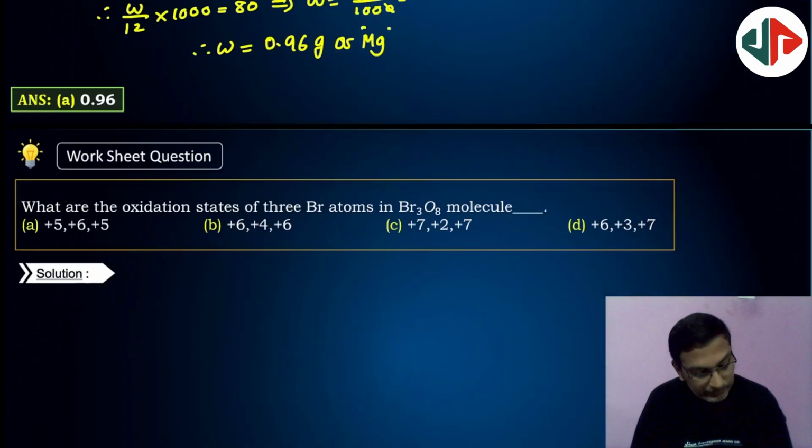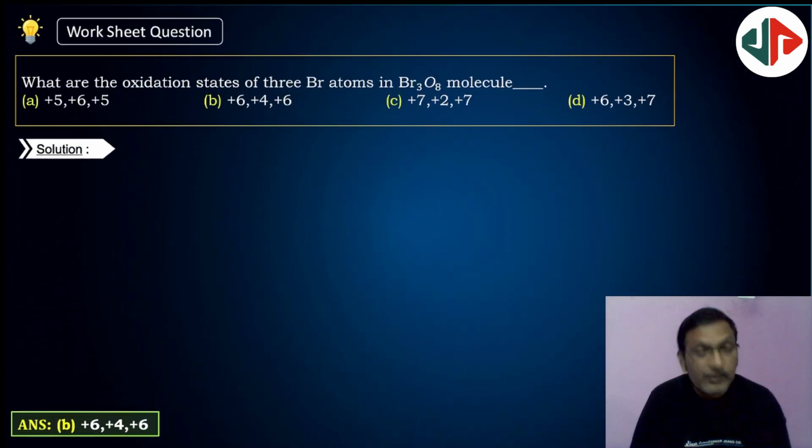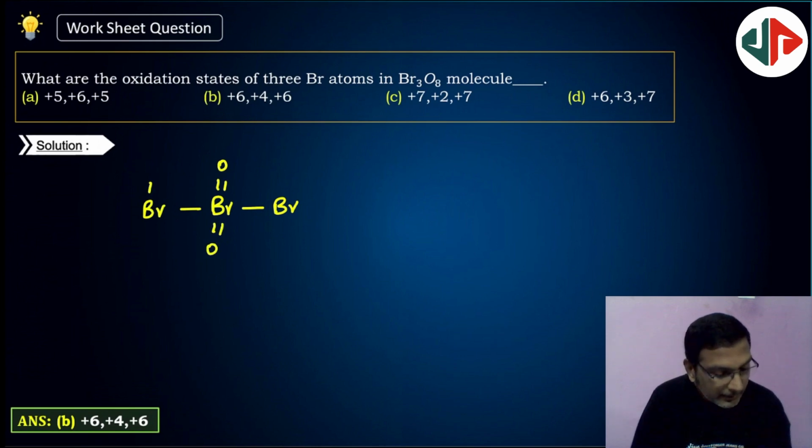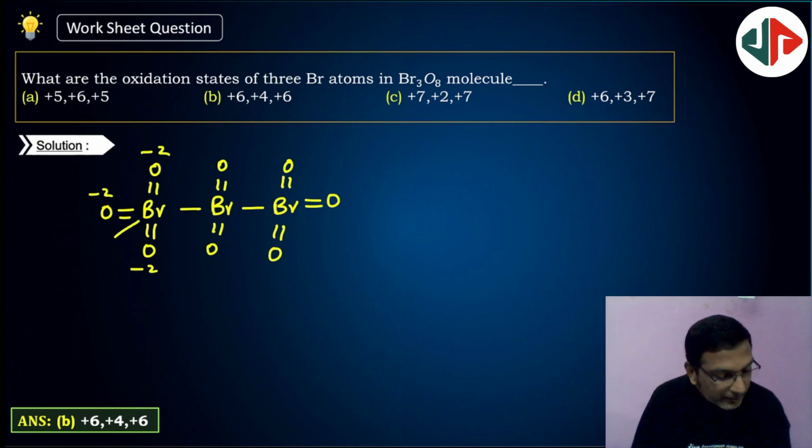Next. This is a simple question. Oxidation state of Br3O8 structure. Double bond O, here double bond O, double bond and double bond. Here oxidation states -2, -2 and -2. Therefore it should be +6.